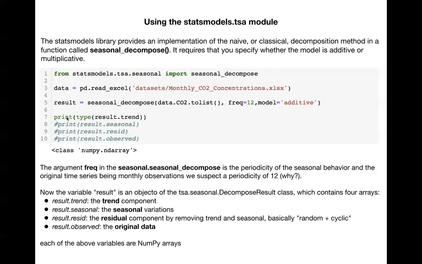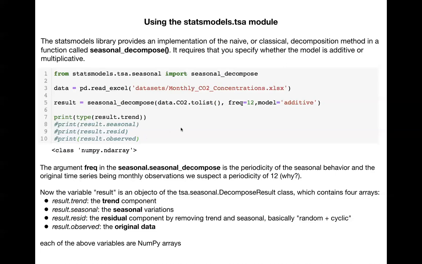If you print out the type of result.trend, it's a NumPy array, so you can use all the NumPy array calculations on it. The others are result.seasonal, which is the seasonal variation, and result.resid, the residual component. That's basically what is left by removing trend and seasonal, and mathematically it could have both random and cyclic parts. And result.observed is the original data set.